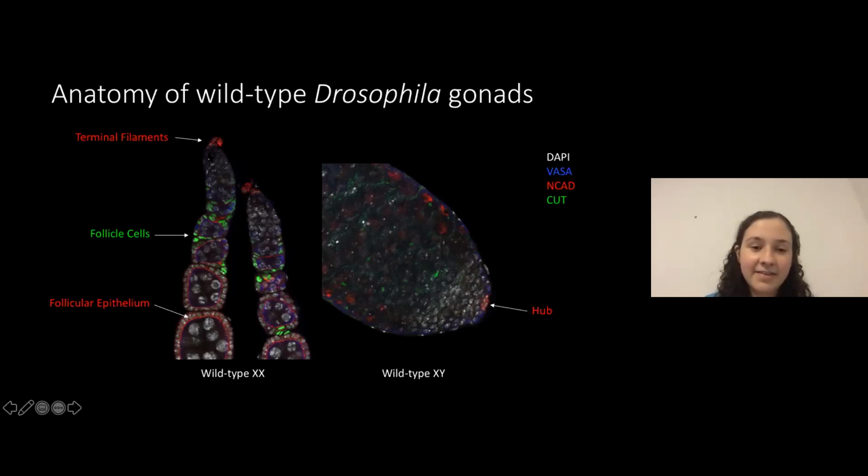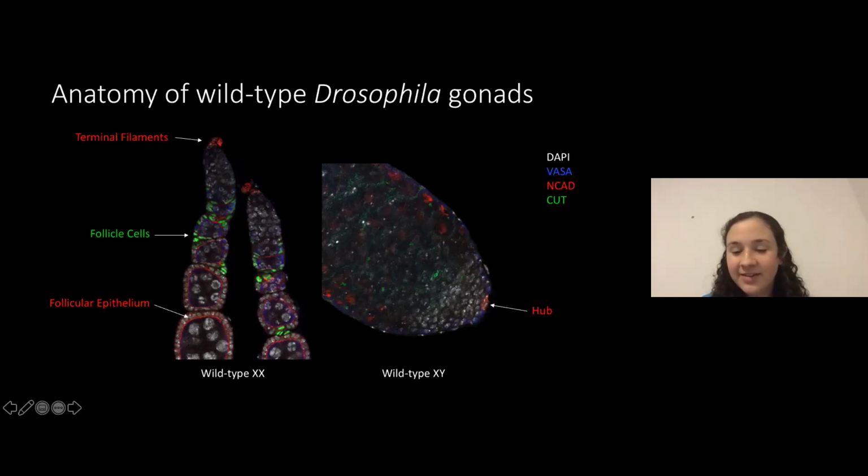And then as the germ cells develop, they are supported by somatic cells called follicle cells, which surround the developing oocyte in here in an egg chamber. And eventually, a sheath forms around the follicle cells, which is called the follicular epithelium, which holds them together and nourishes the developing egg chamber and the oocyte inside it.